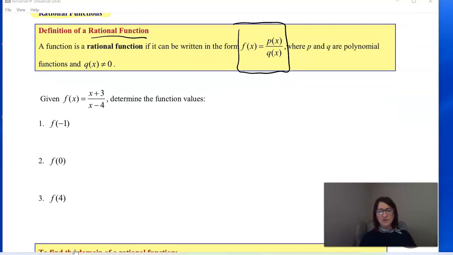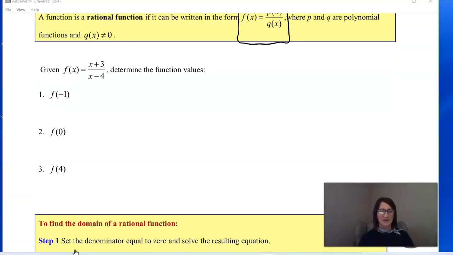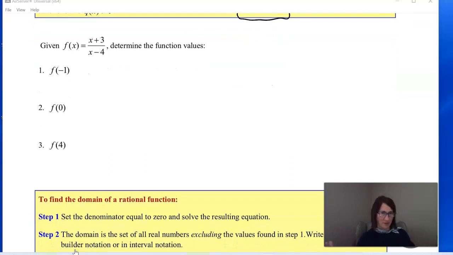If we're trying to evaluate our rational functions, all that means is that if you're given a value for x, you need to find the corresponding value for y. Recall that f of x is the same as y. f of x is just what we call function notation.